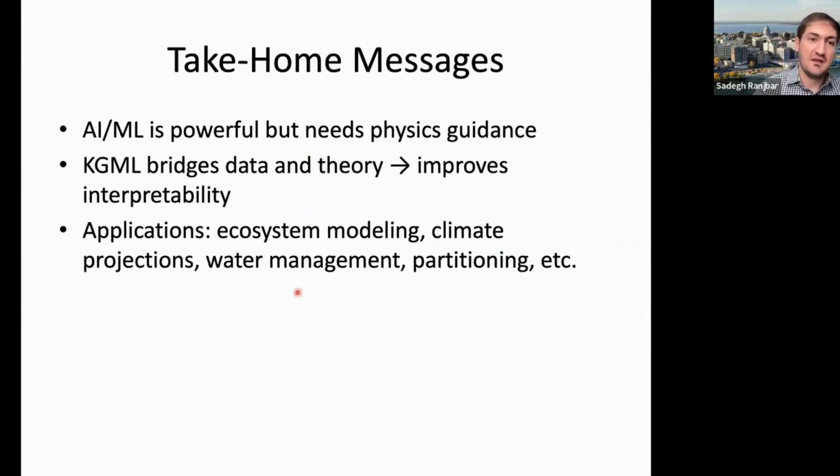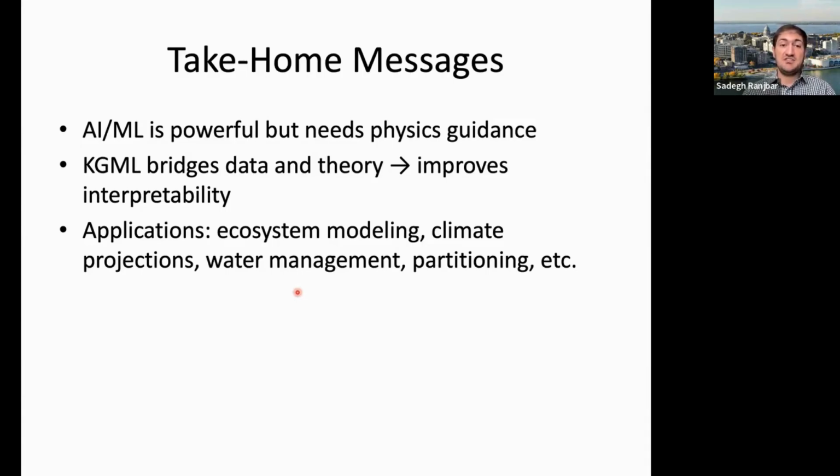Yeah, and the take home message here is that AI and ML are powerful, but we believe that they need some physical guidance. And since we can add some physics within them, it's better to always do that, because at least we know that our machine learning model is interpretable, and we know how this model is working, how it follows the energy balance, for example, or the carbon closure.